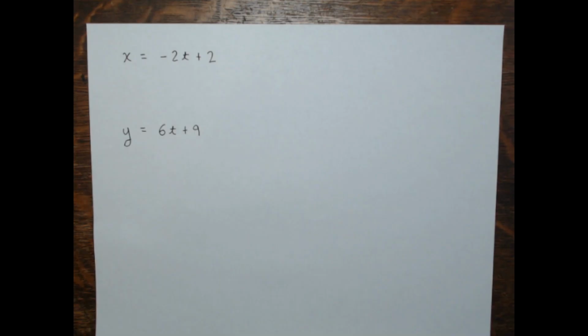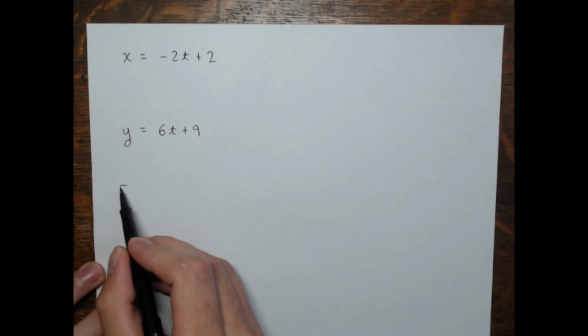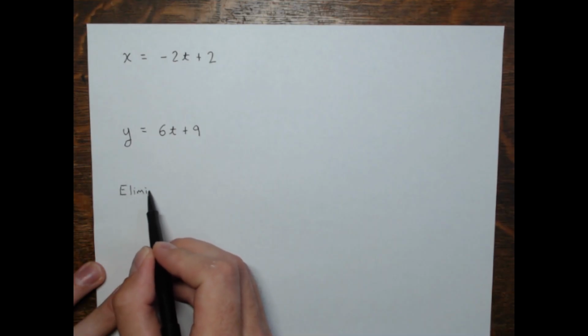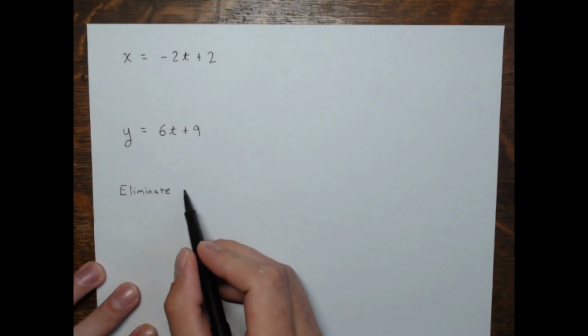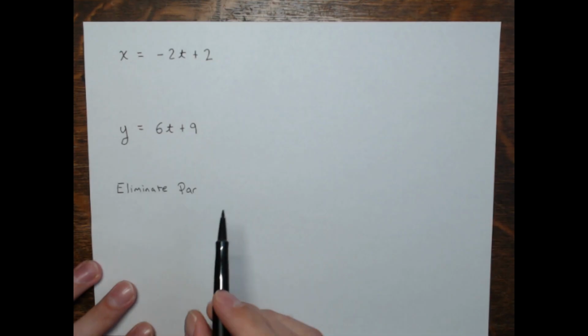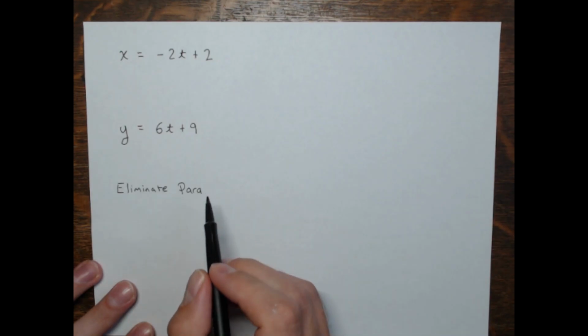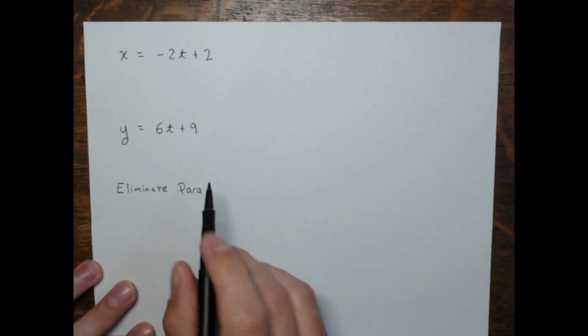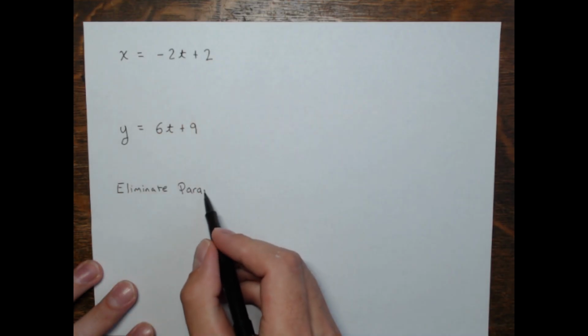Now, again, they're asking us to eliminate the parameter, right? Rewrite the equation for whatever this curve is. And I'll go to that desmos.com site, or you can do it by hand if you want.